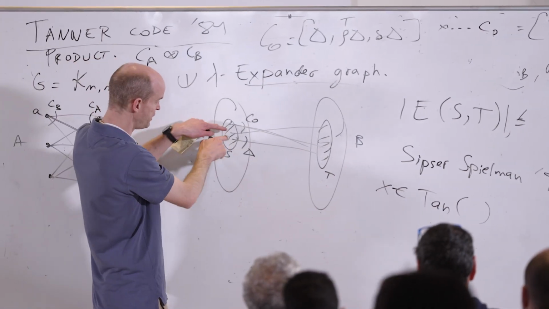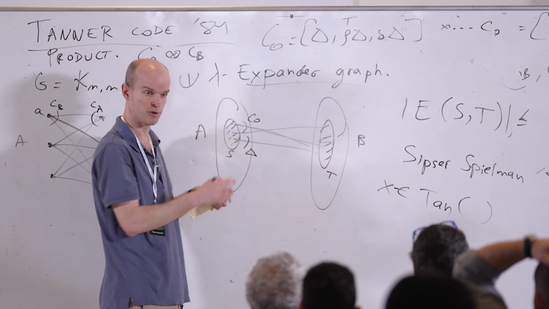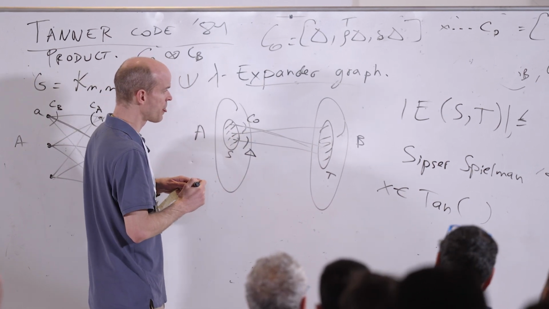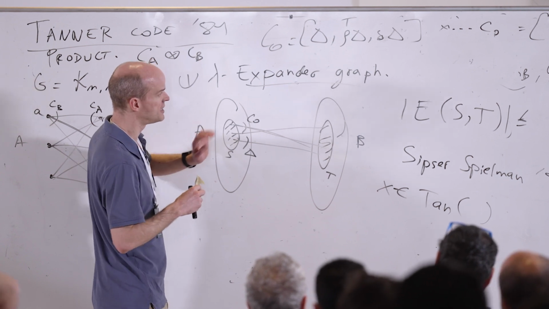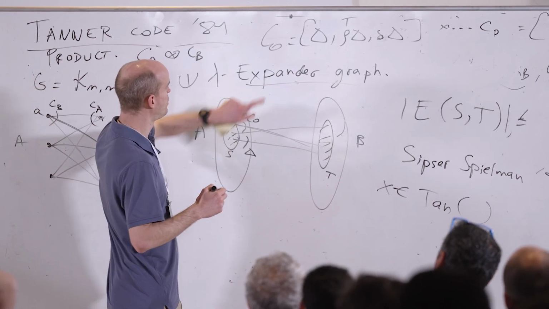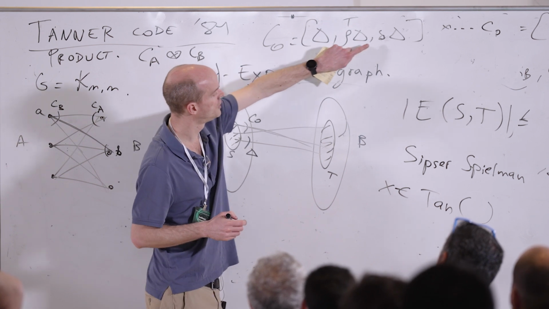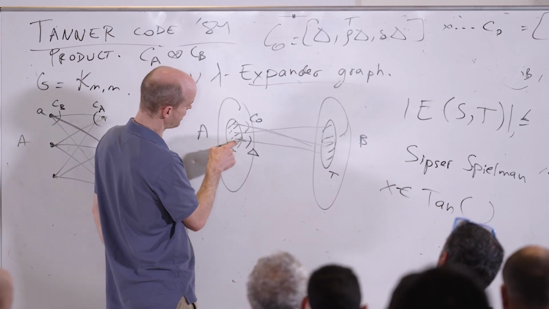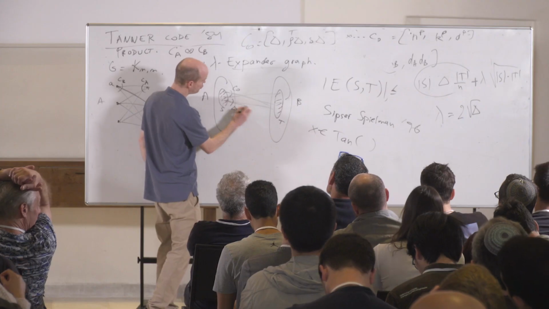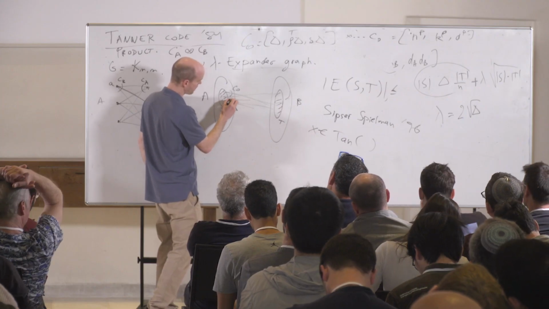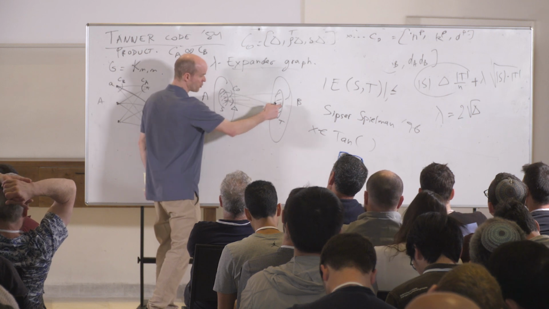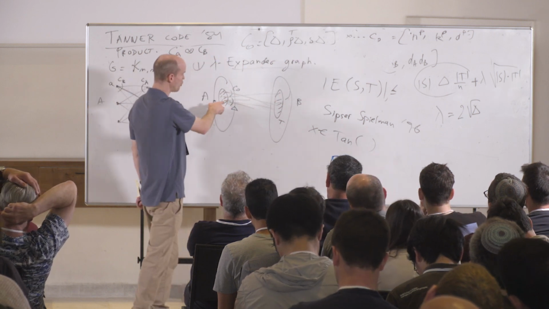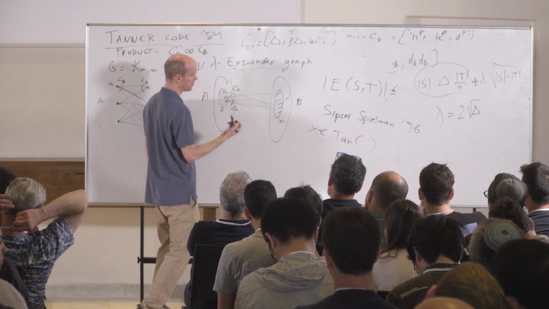This set of edges defines two sets, S and T, the vertices that are adjacent to X. Because it is a Tanner code, for every vertex in S or T, the number of edges that go to the other one is at least delta times delta, because locally you have a codeword of the small code.